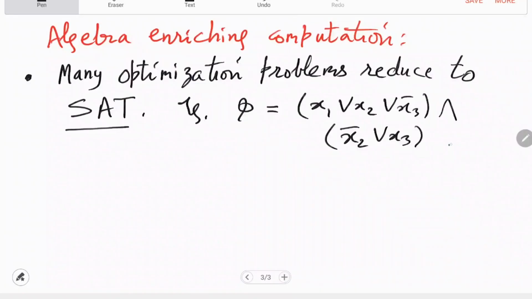So then it essentially becomes looking at the whole space, which is 2 raised to n for n variables. So that's the computational question. Is phi satisfiable?